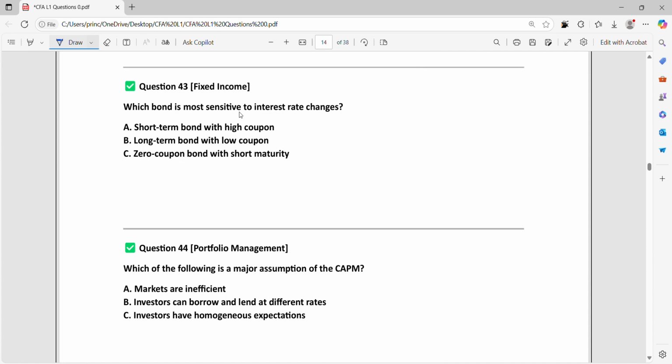Which bond is more sensitive to interest rate change? In this, interest rate sensitivity means how much the price of a bond will move if the interest rate changes. So in finance terms, we are going to consider it as duration. So we are going to have three different cases: 1, 2, and 3.